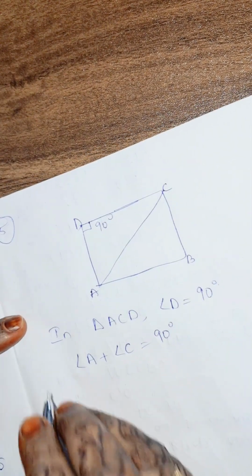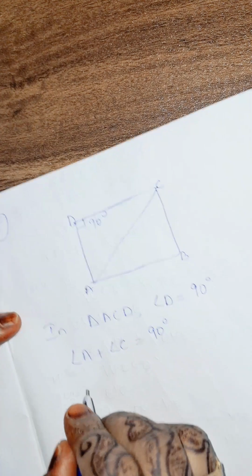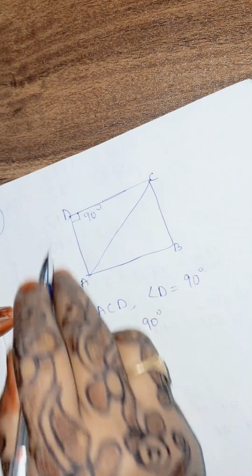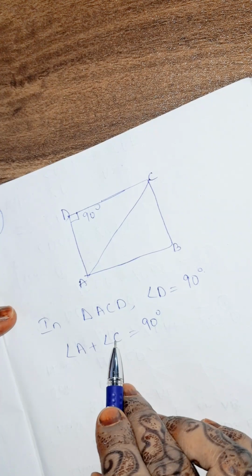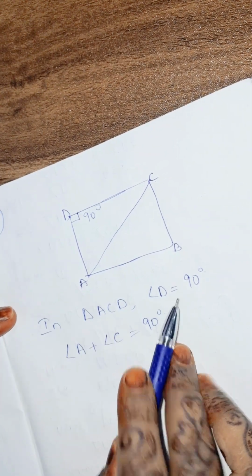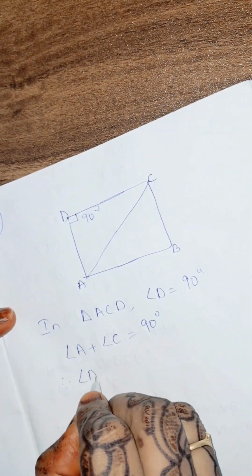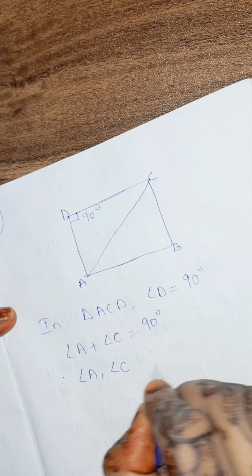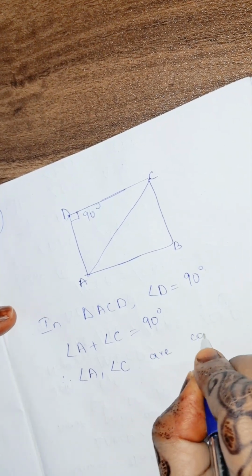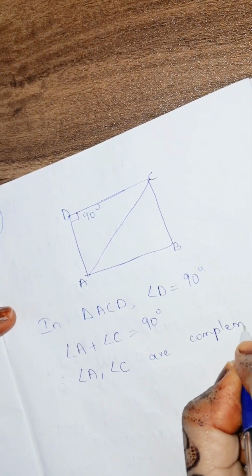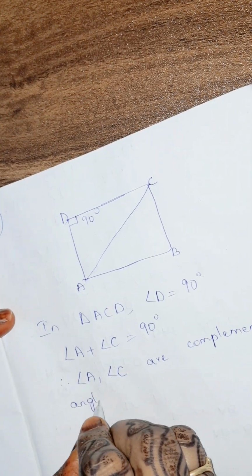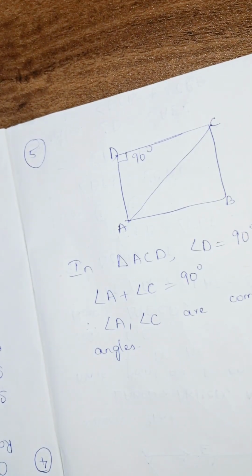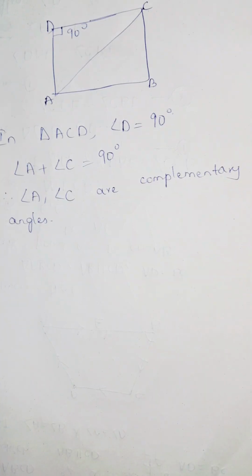So angle A and angle C are nothing but complementary angles, since angle D is already 90 degrees. That's it. By this we have completed this exercise.